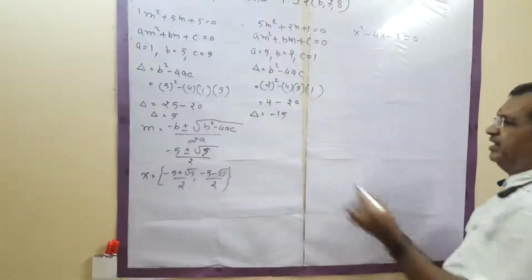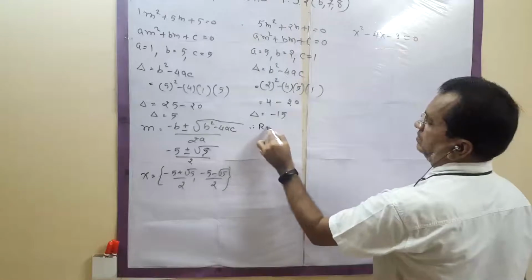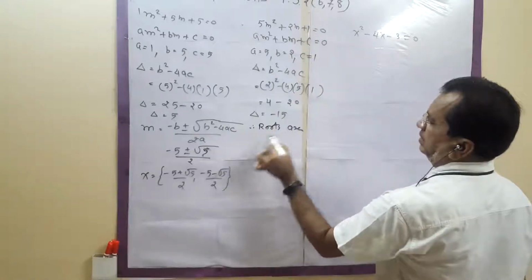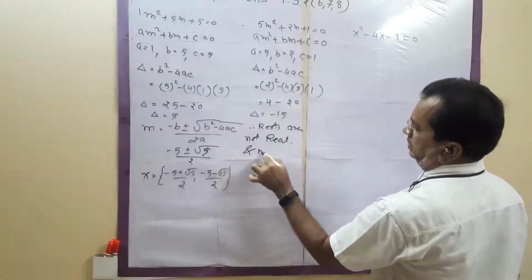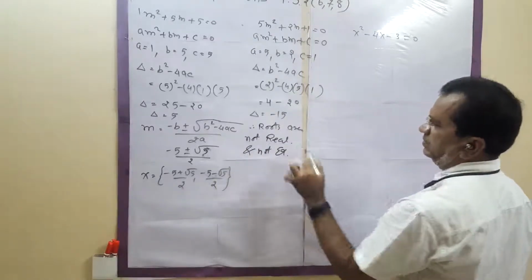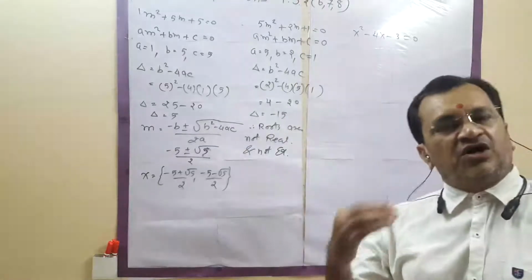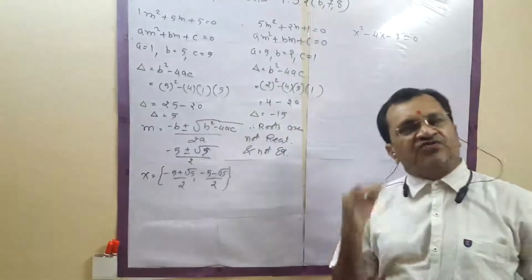If delta is the discriminant and it is negative, therefore roots are not real, not equal, you cannot find the roots.